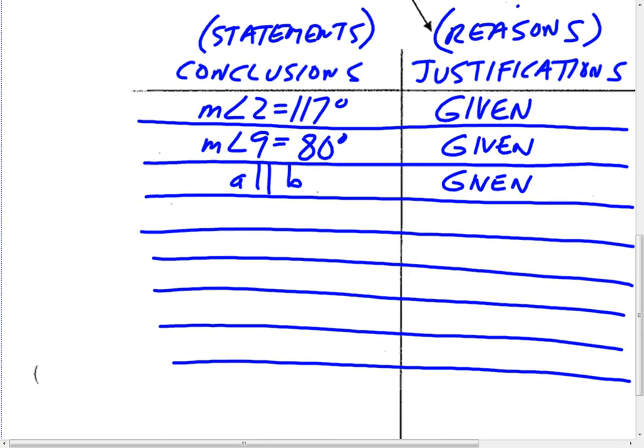So, he told me measure of angle 4 equals 117. For this informal proof, we're just going to put new information over here. That was new information, and he just said vertical angle pair. Later on, we're going to be a little more specific with the wording for that justification. That's fine for now.